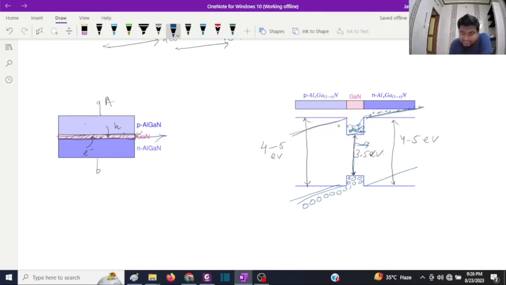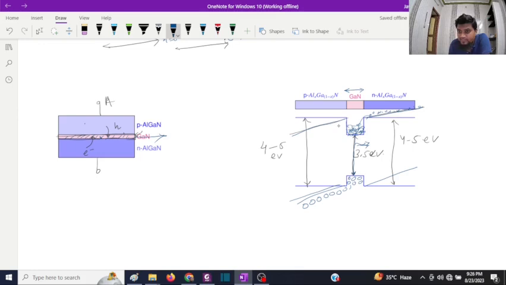However, if this gallium nitride width is quite large, then it will have a continuous band type of structure, and the maximum electrons will occupy the lowest energy levels.